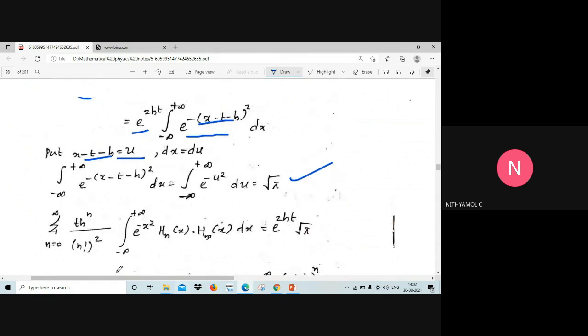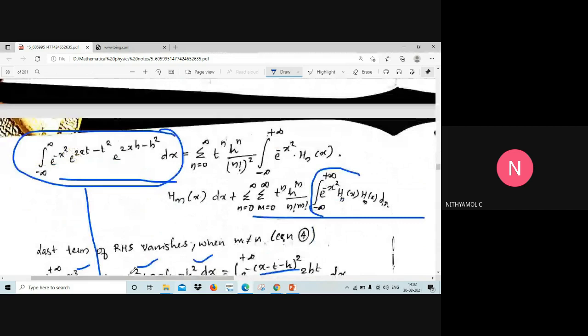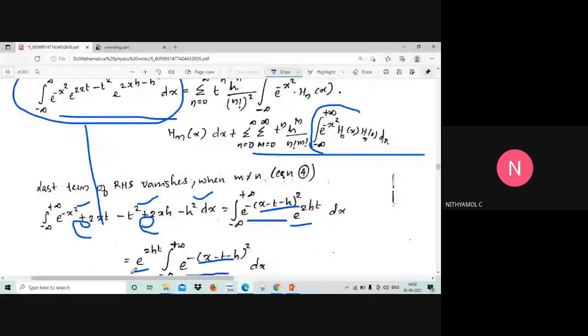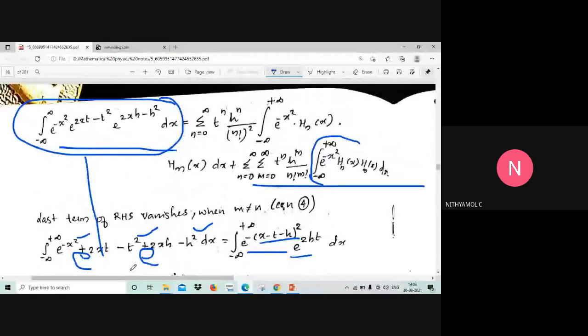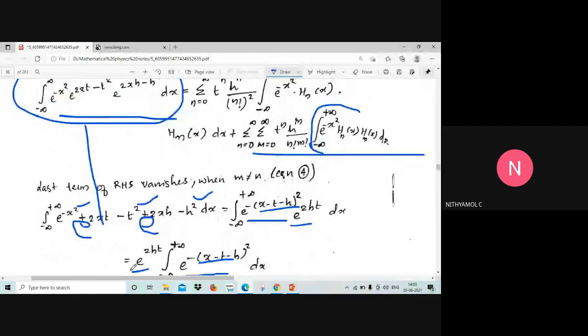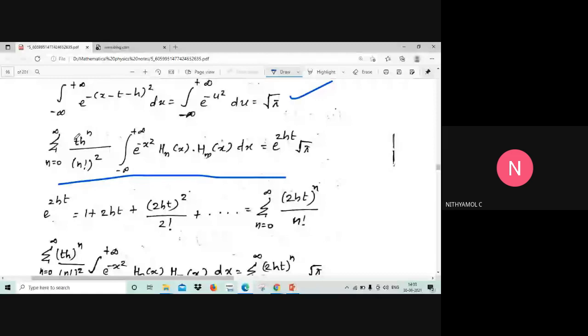So our equation becomes summation over n to infinity t h raised to n by n factorial integral minus infinity to infinity e raised to minus x square hn x hm x dx equal to e raised to 2ht into root pi.